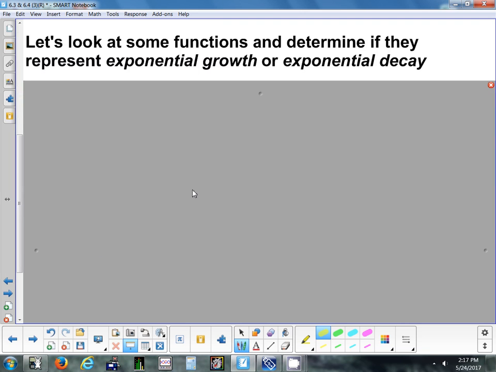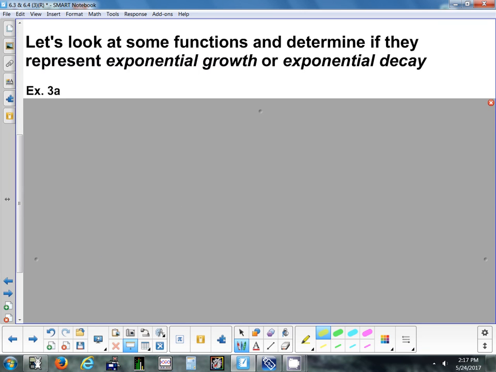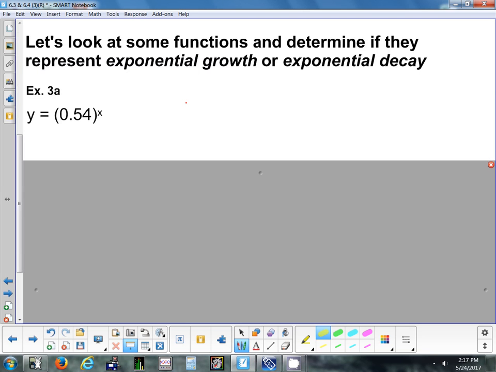All right, so let's look at these and see if it's exponential growth or decay. On your notes, you've got 3a, 3b, 3c. You have to write the function, and then we're going to determine if it's growth or decay. So here's 3a. Your function is y equals 0.54 to the x.